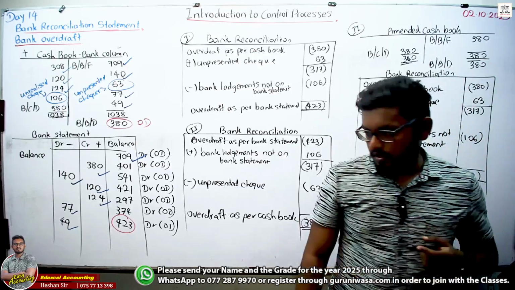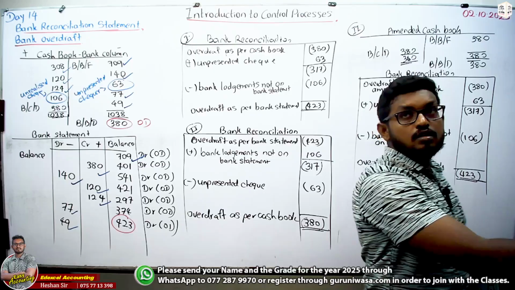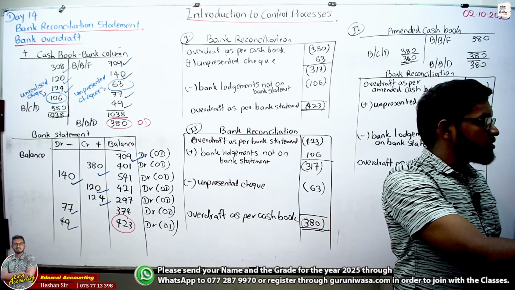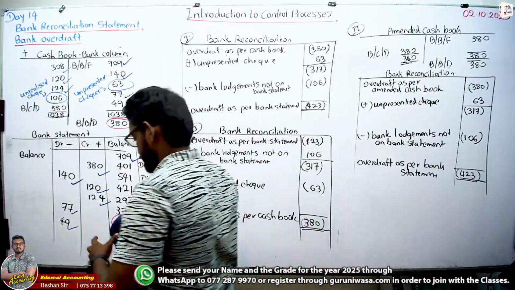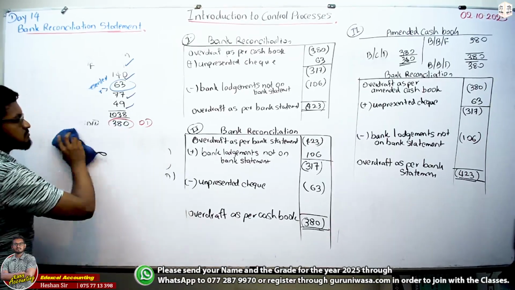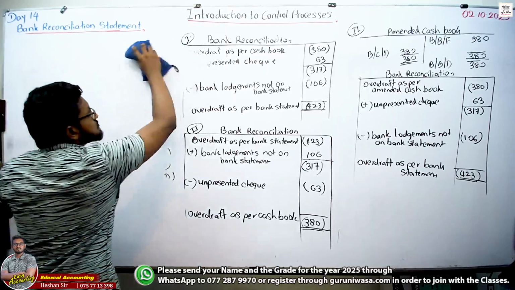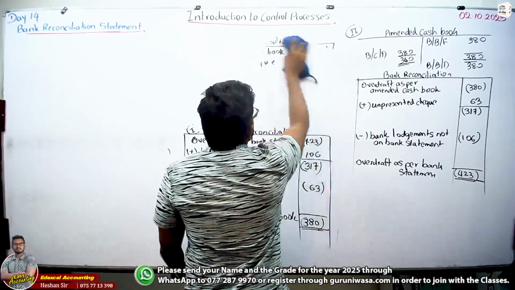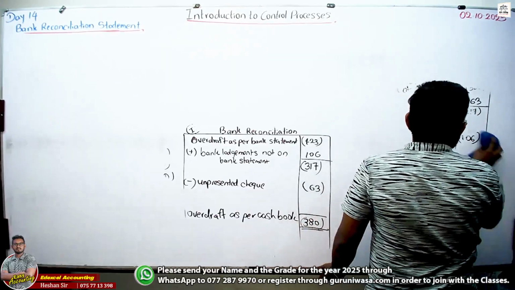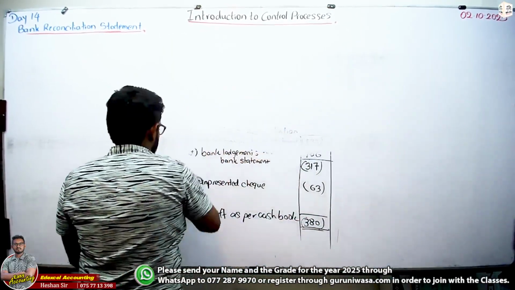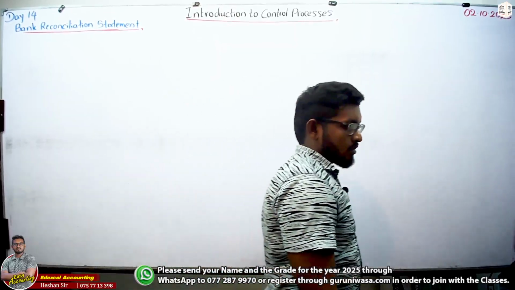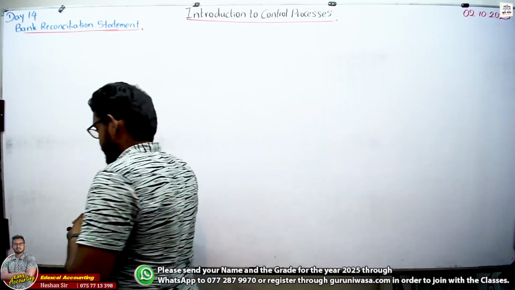Next one, last one. Let's write about the overdraft. Sorry, we need to write about the next one: dishonored checks.